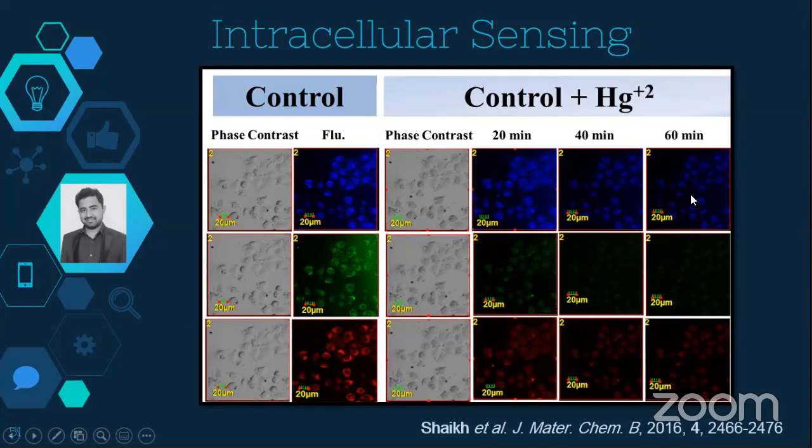That means when it is reacting with mercury, the fluorescent intensity is decreasing, so it is sensing mercury inside the cell. So it can be used for intracellular sensing of mercury ions.